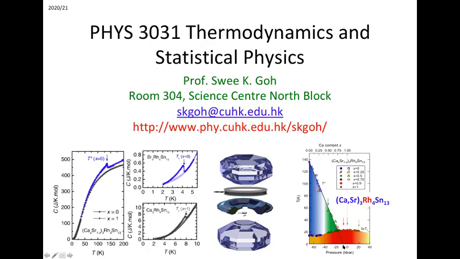This point here is called a critical point, but this is not the usual critical point we face every day. This is a special type of critical point, which we call the quantum critical point. My group is interested in studying what happens around this quantum critical point. Can you, for example, make superconductivity around the quantum critical point? Can you optimize it? Can you enhance the property of the superconductor? And so on.